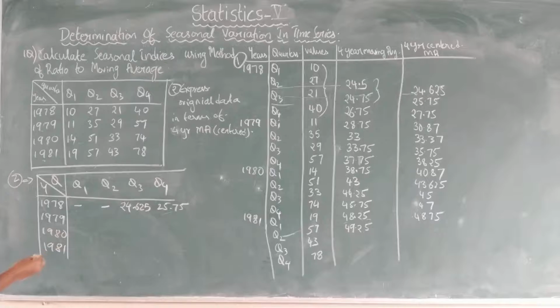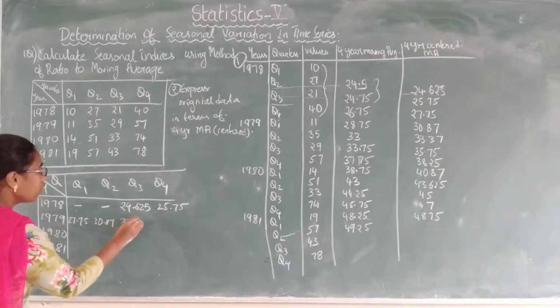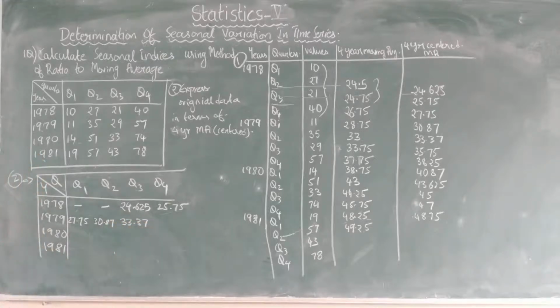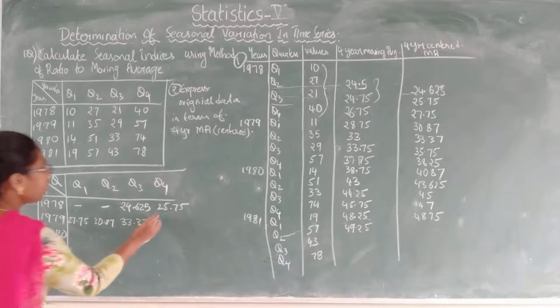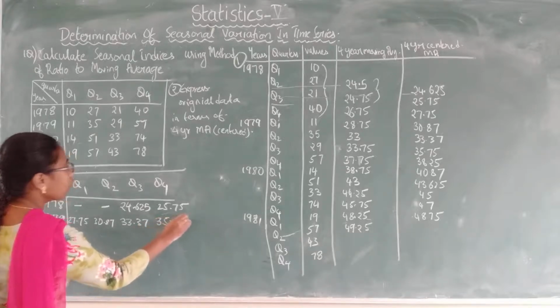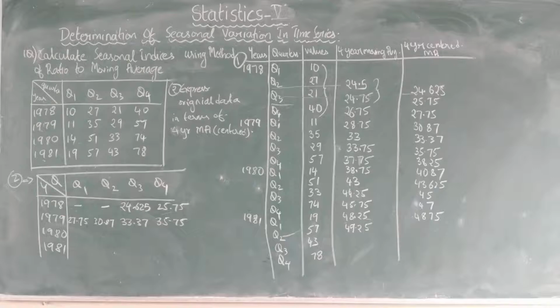Similarly, write down all the next values: 27.75, 30.87, 33.37, 35.75, 38.25, 40.87, and 43.625.